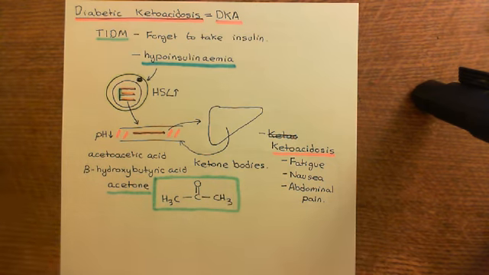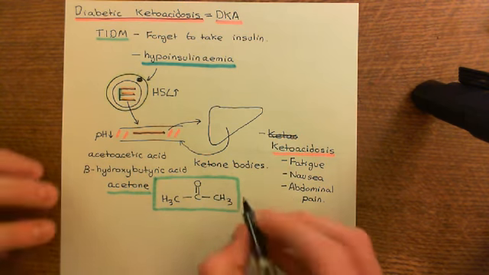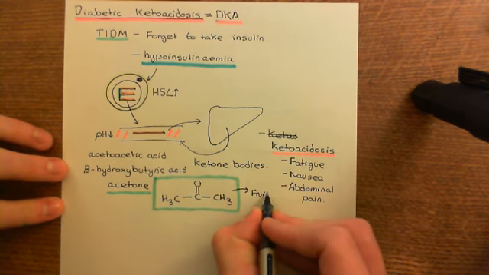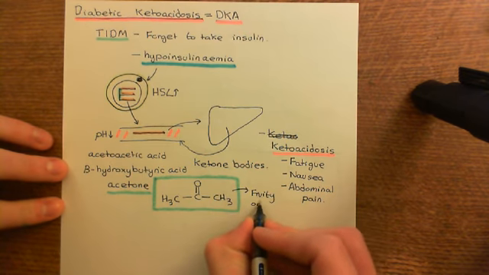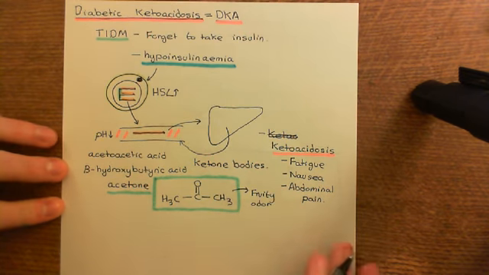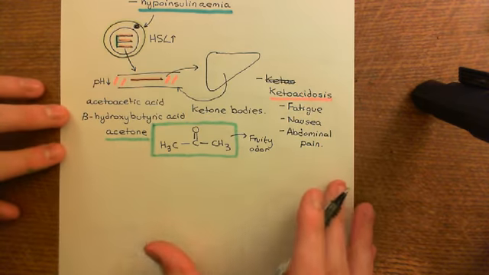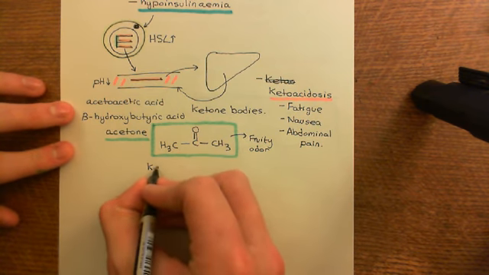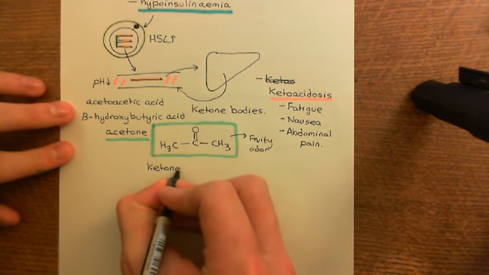So your breath will smell very strongly of acetone, and it gives this sort of fruity odor. That's due to the acetone that you're breathing off, which is indicative of your ketonemia, that's the word I'm looking for, which means high ketone levels within your blood.